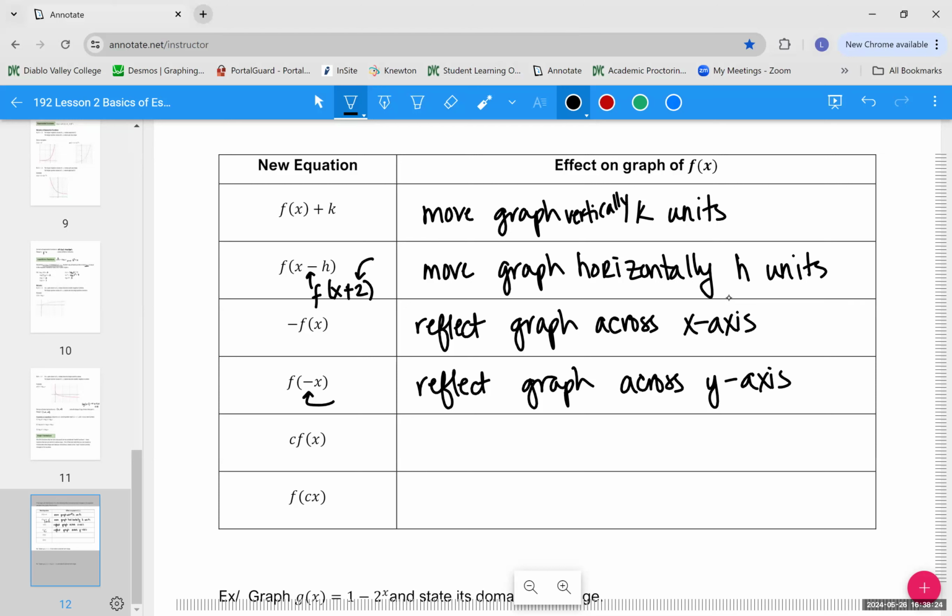Multiplying by a constant out front is going to do a vertical stretch. And if you multiply by the constant inside, that's a horizontal stretch.